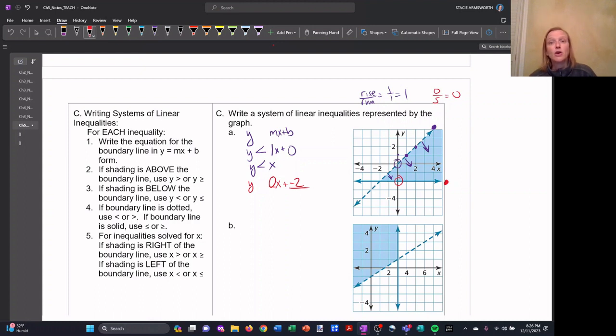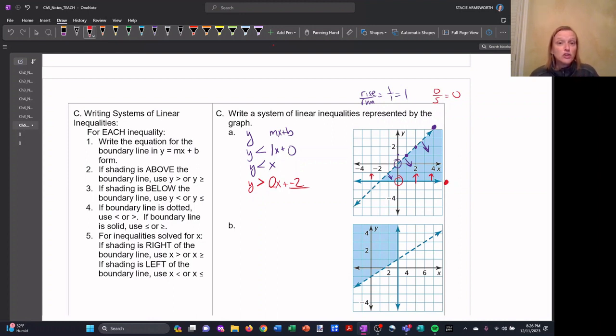Now I'm going to think about that inequality symbol. Here I'm shading values of y that are greater than the line. So I want my y value to be greater than this expression that we just came up with, 0x minus 2.